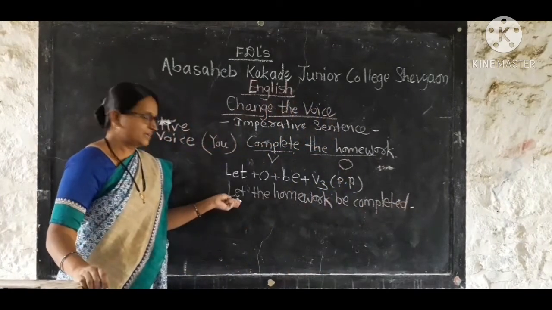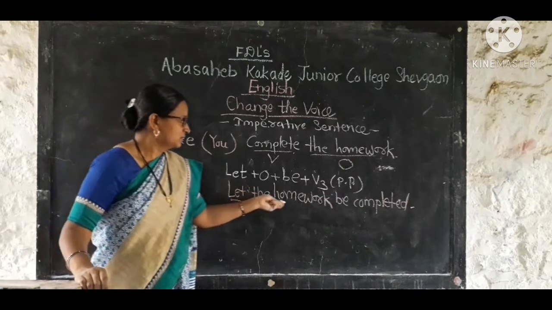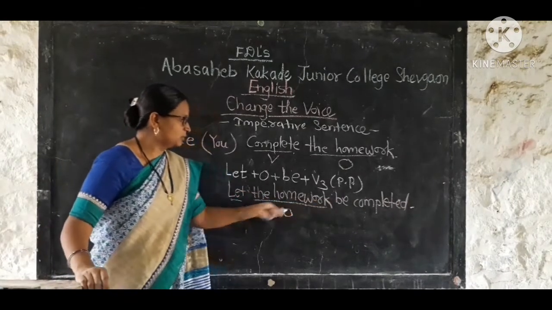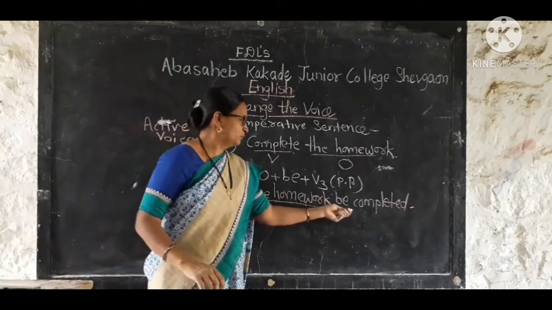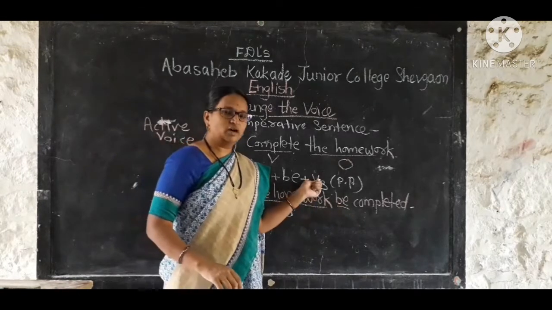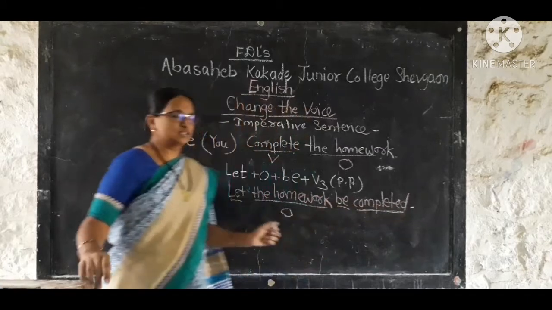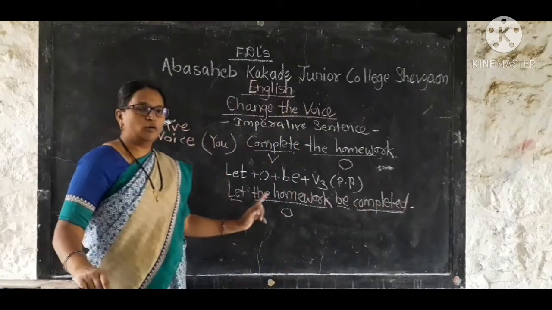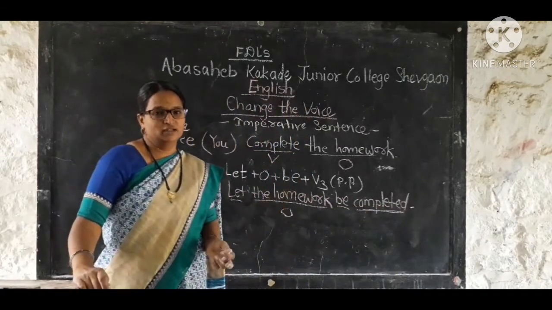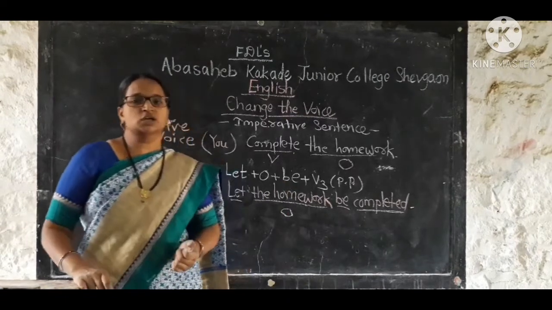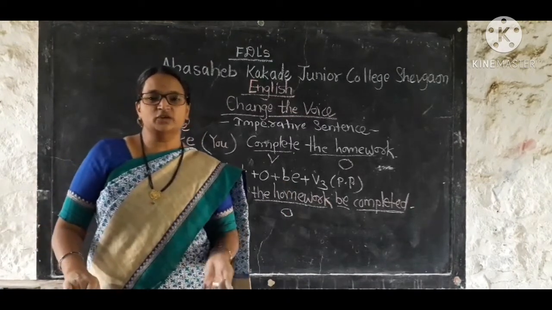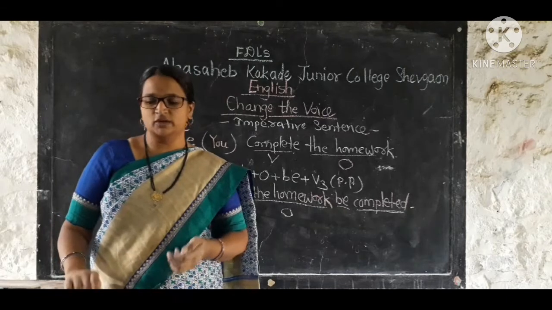We begin our sentence with let, then the homework is object, then we use be, then V3 or third form of the verb, that is completed, and sentence will be like this: let the homework be completed. This is the structure of changing active into passive of imperative sentence.